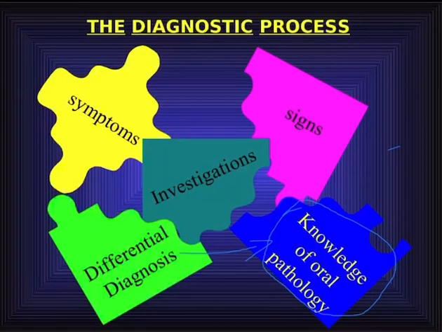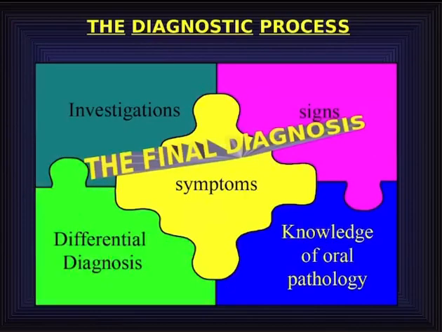All these three are interlinked: diagnosis, radiology, and oral pathology. Then you will get the knowledge of oral pathology, and you will be able to do the provisional diagnosis or the final diagnosis, which you will be able to do if you have the knowledge of oral pathology.